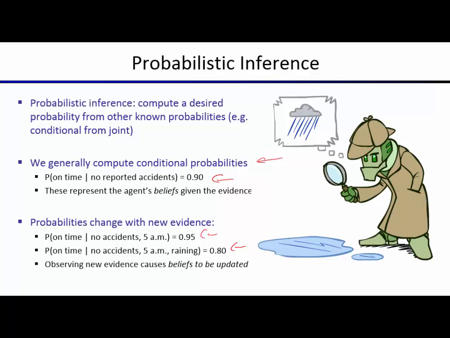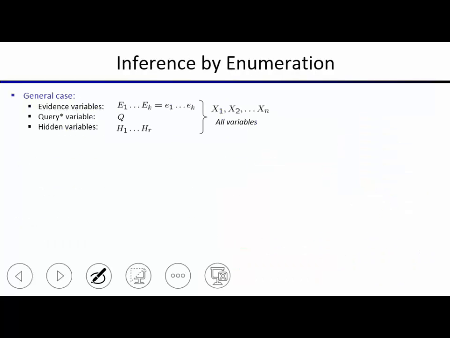What we'll see now on the next slide is the first general procedure to do probabilistic inference. So let's assume we are given a joint distribution over many random variables, x1 through xn. We're asked to compute a specific conditional probability. Let me show it on the slide. A probability over a query variable q given some evidence variables e1 through ek.